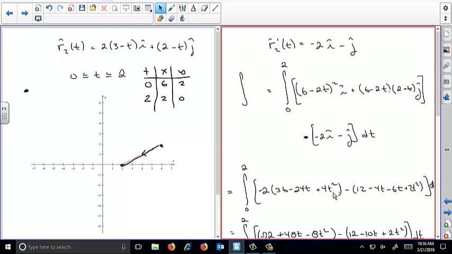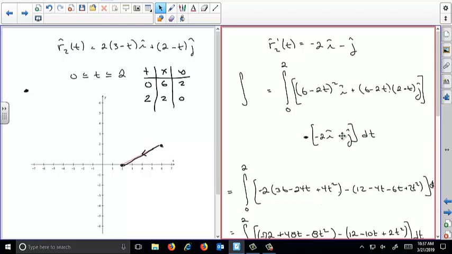And then if you dot it with negative 2, so that's where the negative 2 comes from. So I've kind of combined a few steps here, but negative 2 times this squared is 72 minus 48t plus 8t squared. Same thing here.